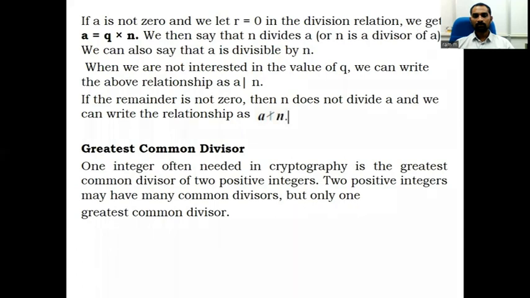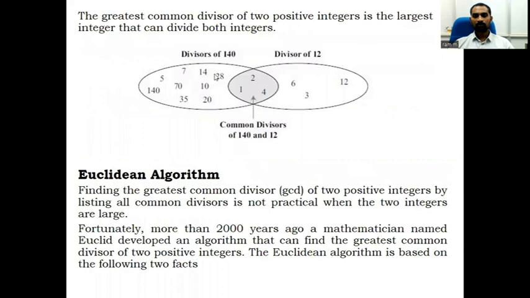Then we will see how, if we are given large values, we are going to find the GCD. Consider we want to find the GCD for the value 140 and the value 12. These are the values that exactly divide 140: first we start with 1, then 1, 2, 4, 5, 7, 10, 14, 70.